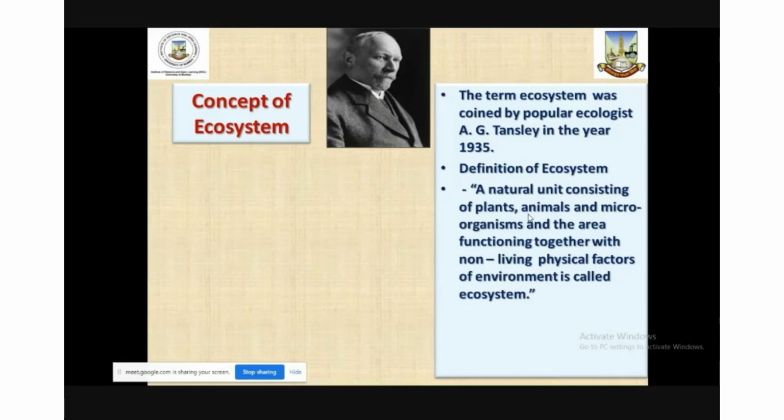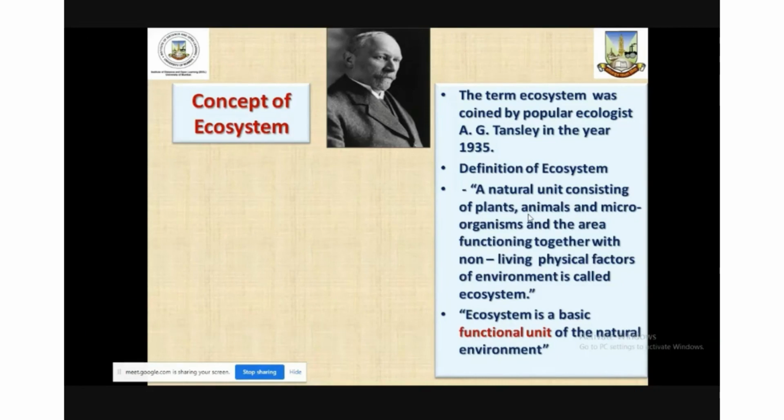So, ecosystem is the smallest unit of the ecosphere wherein different living beings like plants, animals, and microorganisms function together with their non-living or physical environment, and that spatial or geographical unit is called ecosystem.